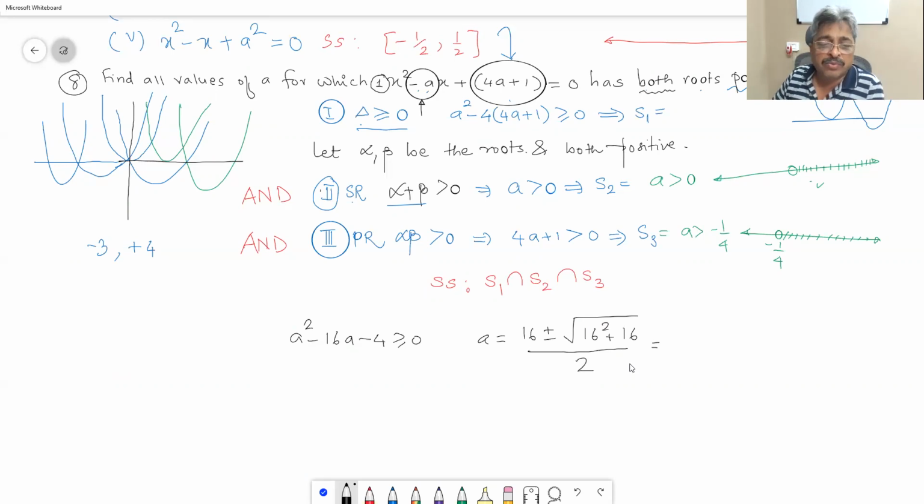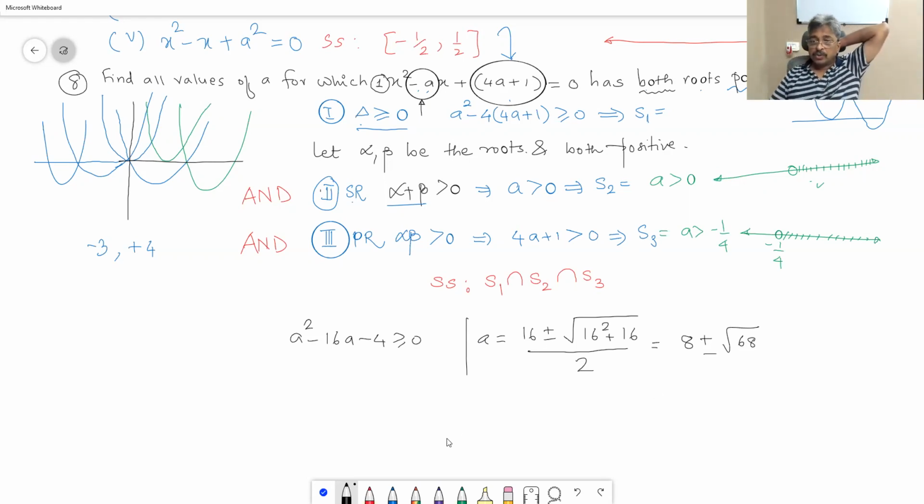This is the value of A if you solve the LHS using the quadratic formula. Now can you tell me quickly what is this simplification? It is 8 plus or minus 8 root 20. Root, definitely, 68.